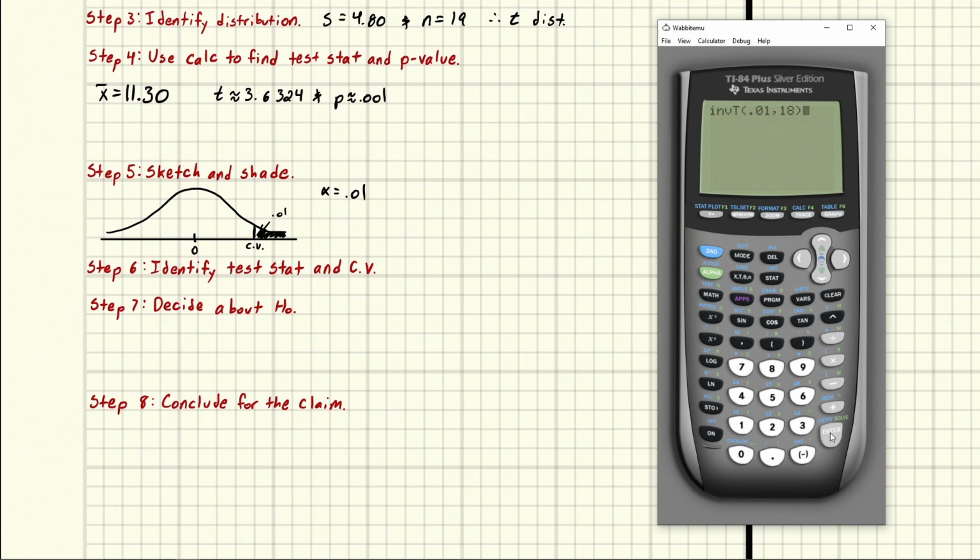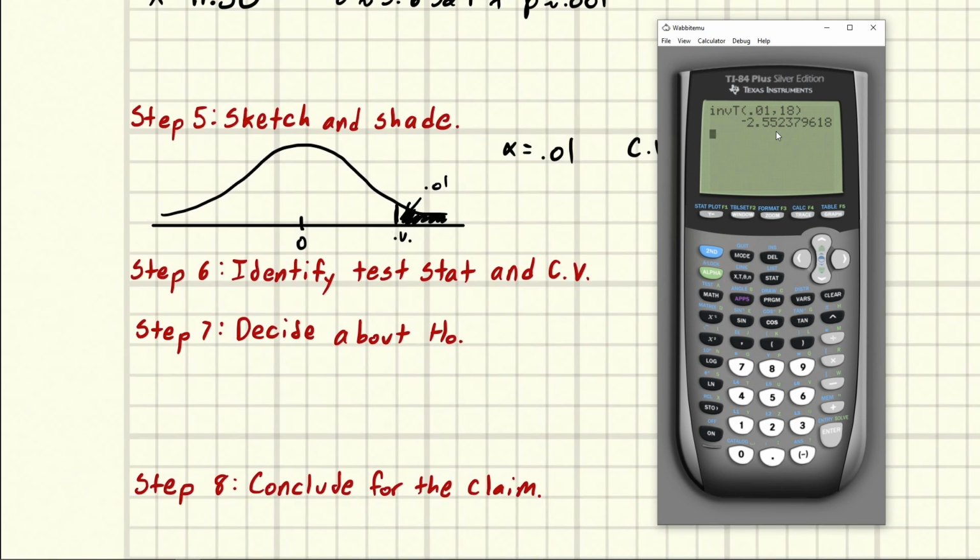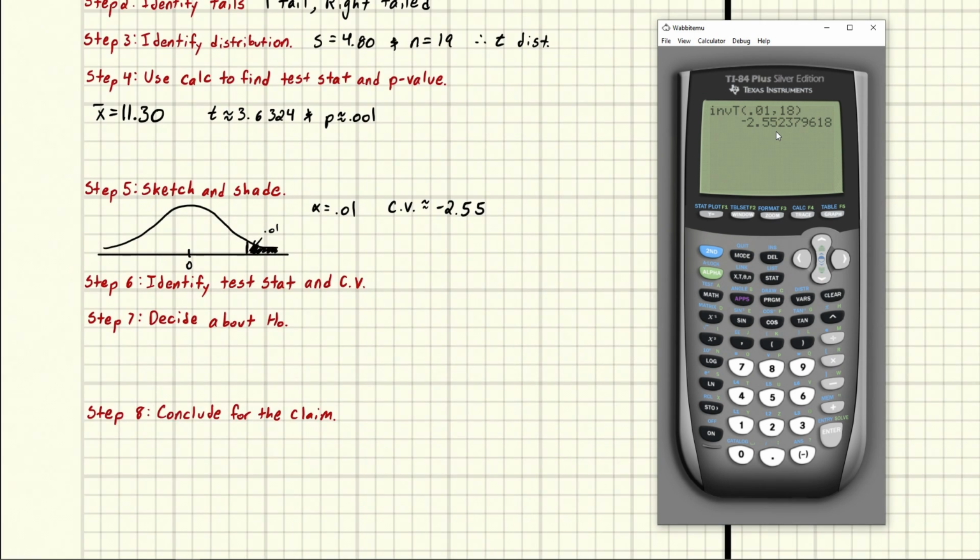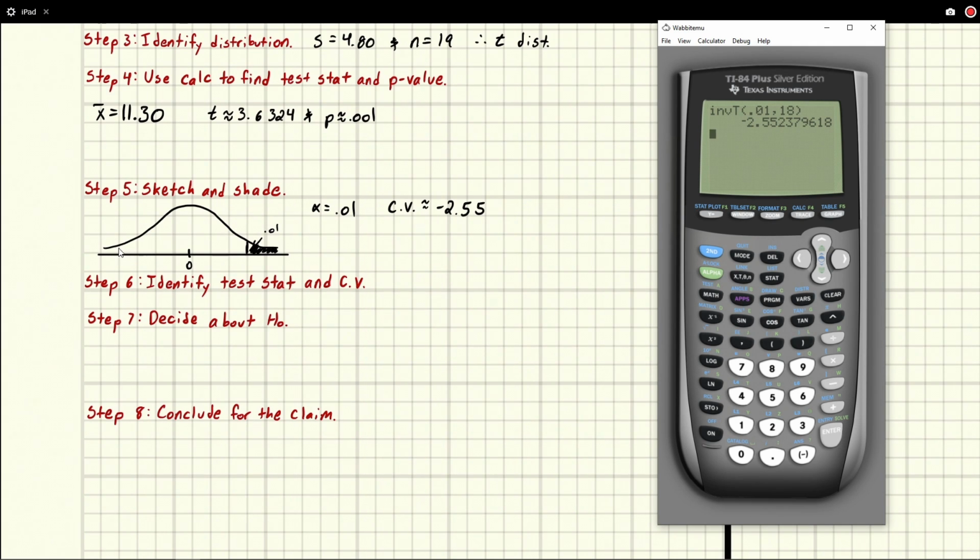And we paste. Hit enter again. It's going to think for a second, and this is our critical value. So we get a critical value of, I'll put the approximate, to be extra formal, 2.55. Now it's negative, but this is because I did 0.01, which is technically shaded down here.